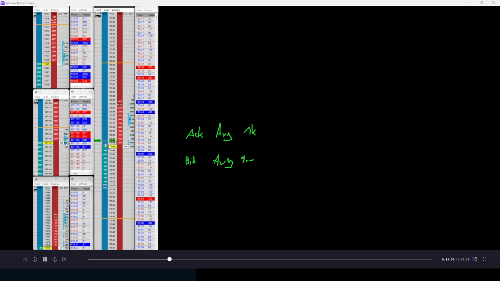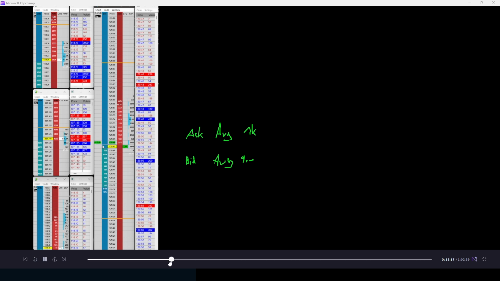Just looking at this, the sellers are not that aggressive right now, so just got offered 400 and now 500 contracts traded into it. Small reloading going on, which is not that bad. It's pretty good, but the reload is not that strong.